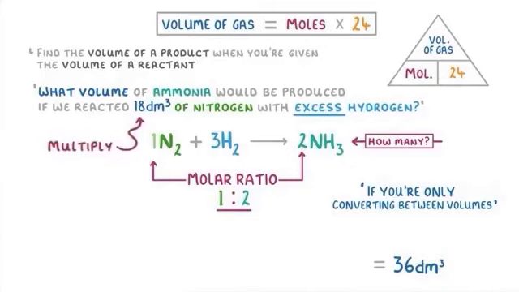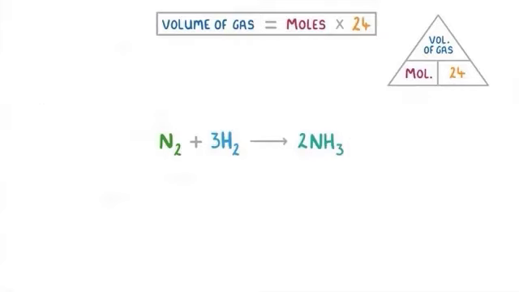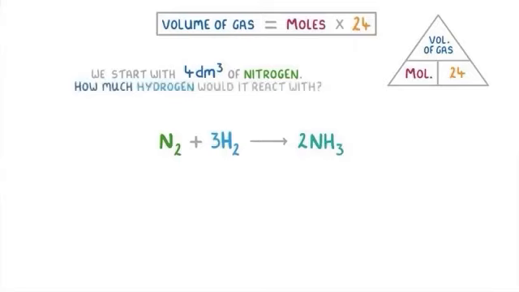You can also look at it in this way. If you talk about 0.75 moles of nitrogen, that means you would have 0.75 times 2, which gives you 1.5 moles of ammonia.